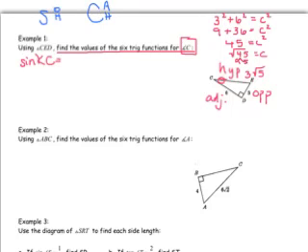Alright, now we can do cosine of angle C is equal to, and now cosine is equal to the ratio A over H. So my A is 6, and my H is 3 root 5. So 6 over 3 root 5.